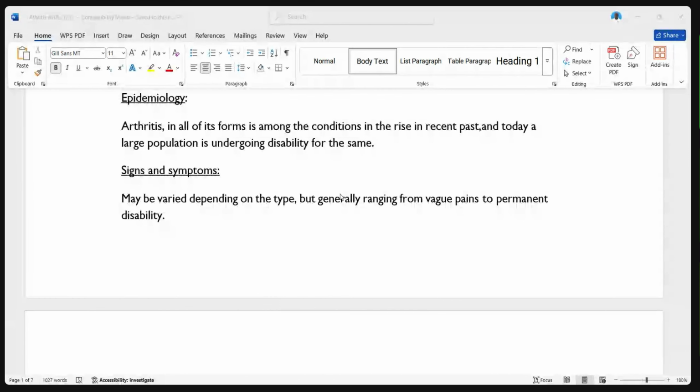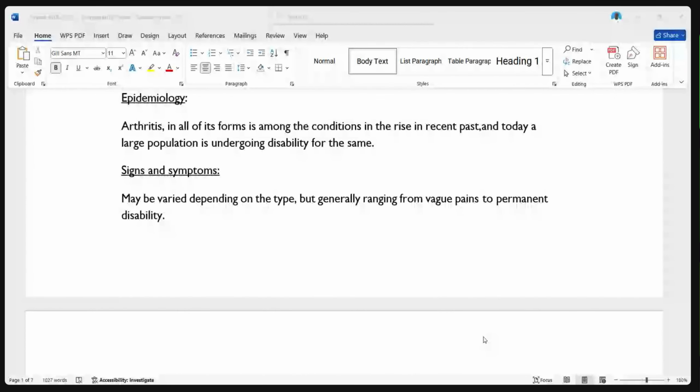Let's proceed. There's also deformity. Sometimes when it attacks, like now the fingers are deformed. Great. Good. Joint dislocation. I believe that is what you're talking about.